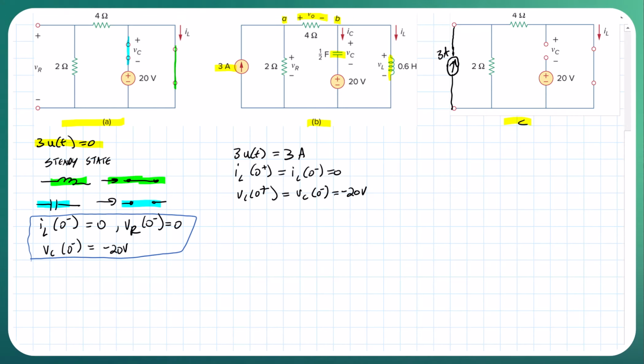Minus 20 volts. Okay. Now we're going to define the voltage across the 4 ohm resistor here as V0, as I mentioned, and we're going to apply KVL and KCL.